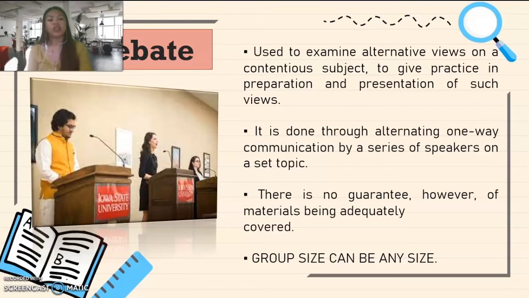There is a pro and a con on a certain topic. You need to stand firm on what you are assigned to. If you are the pro, then you need to stand firm on the pro. If you are the con, then you need to stand on the con of that subject or topic that you are assigned to.